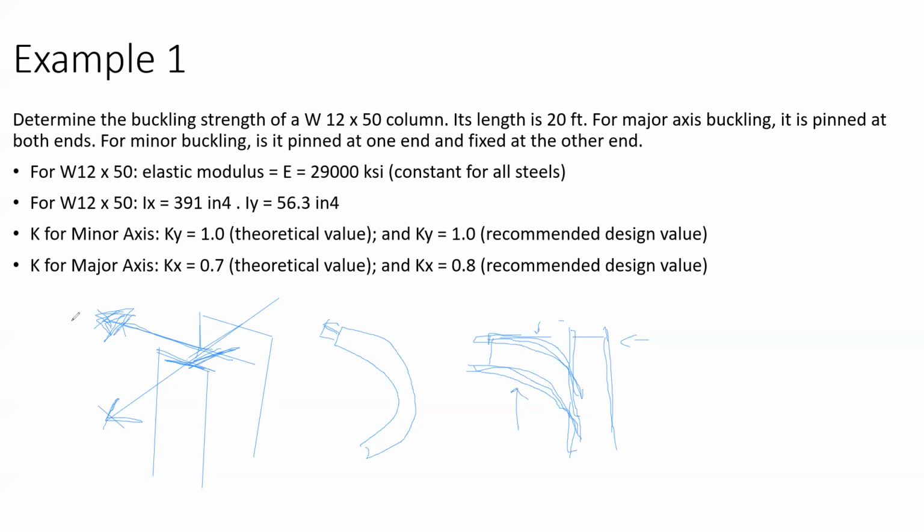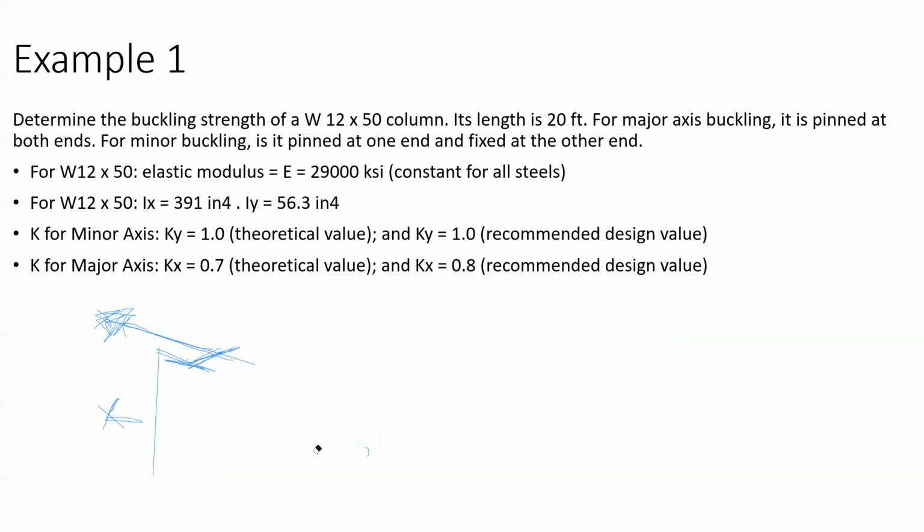Pag ganito. Okay po, ma'am. Yes. And that usually happens for columns. For beams, it would now be based on how the load is distributed. Kasi ang bending naman natin sa beams, pag ganun naman.